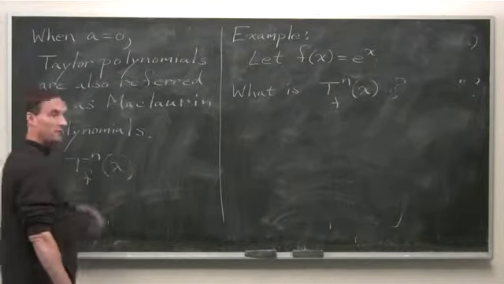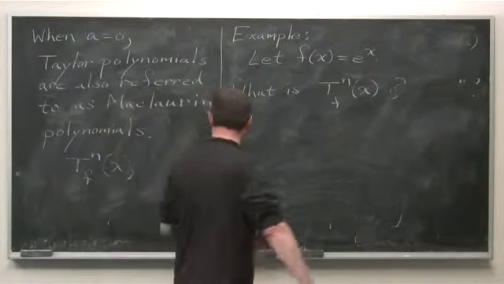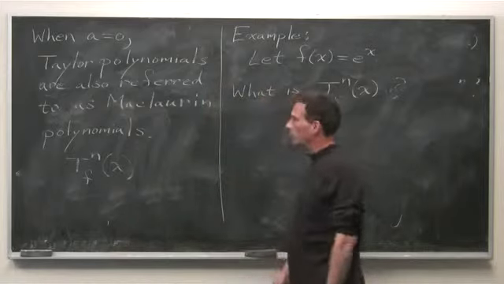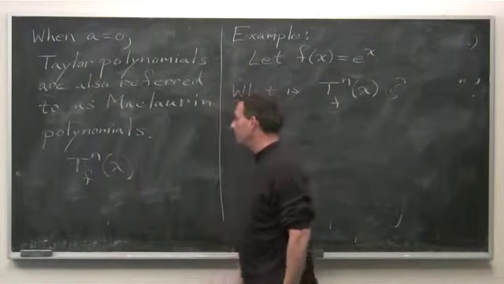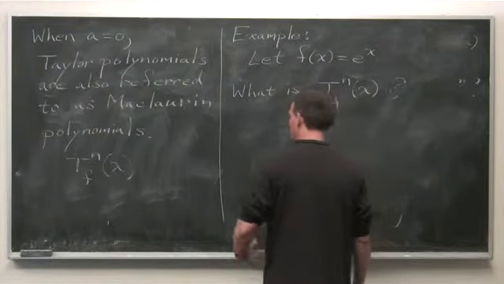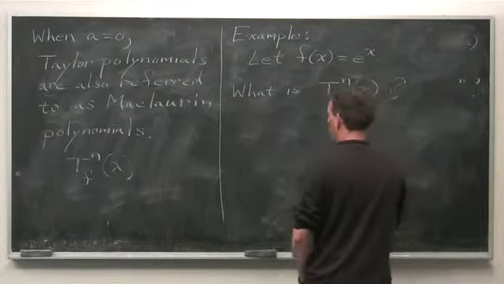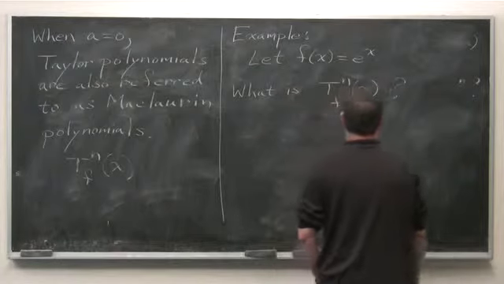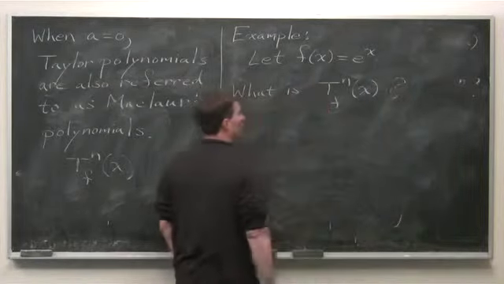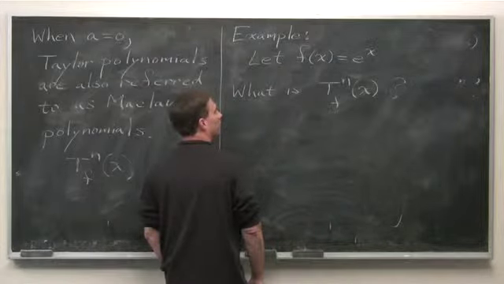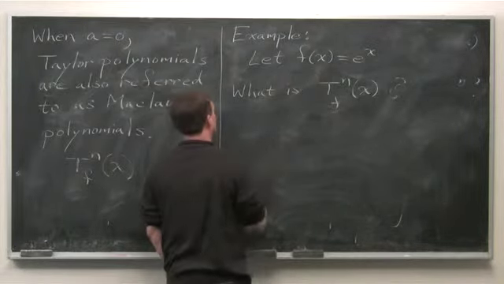If you leave off the center, it's assumed to be 0. So this is the notation for the nth order Maclaurin polynomial of f. It's centered at 0 because it's called Maclaurin and there's no center indicated. So what is the nth order Maclaurin polynomial of f if f is e to the x?